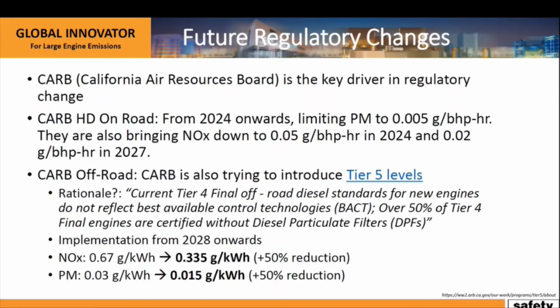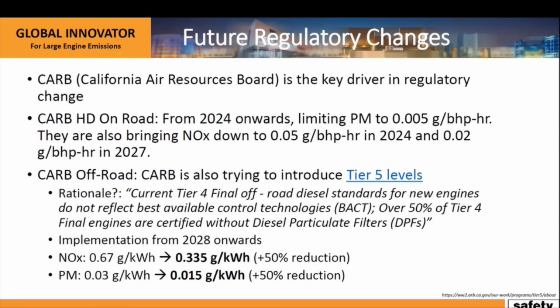So very, very stringent emission requirements for both PM and NOx, already above the stringent levels that they are at now. And there are basically rumors of Tier 5 upcoming as well. I believe CARB is pushing for that. The rationale for this, I think, is that best available control technology should have a DPF, and many Tier 4F systems in the off-road industry do not have DPFs.